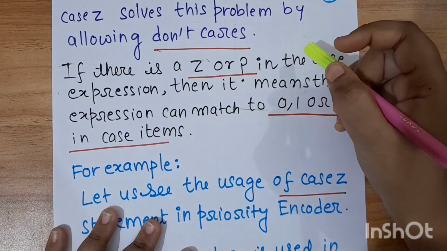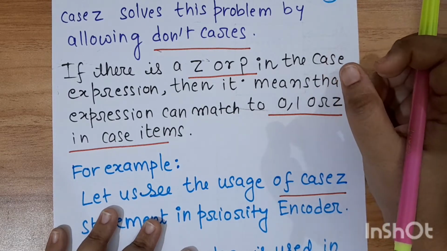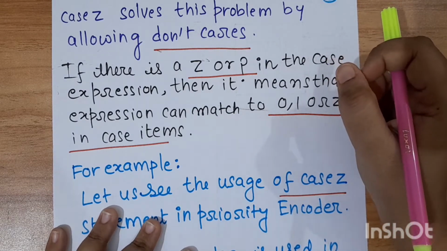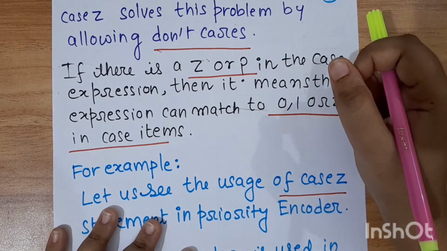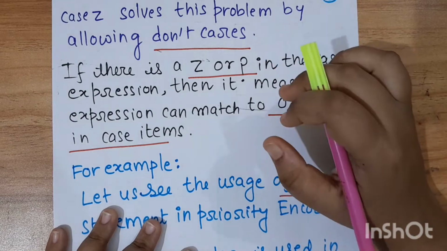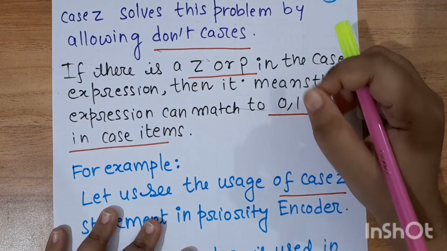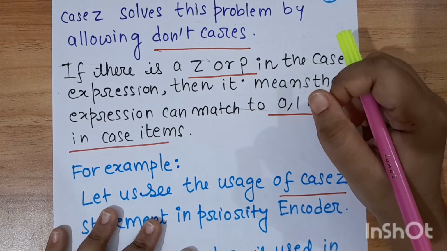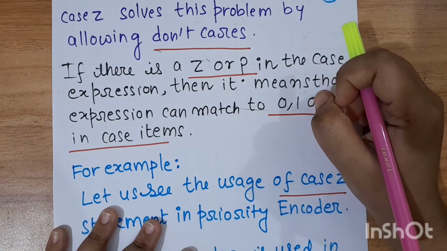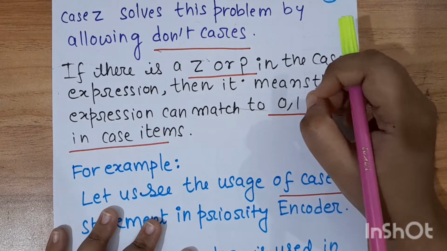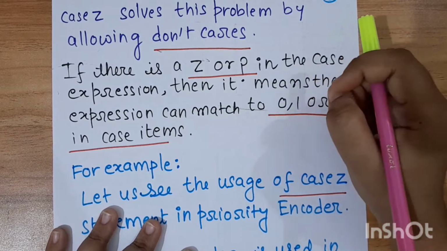What we saw for the case statement, when we were concatenating ABC, we were not allowing don't care states for A or B or C. If A or B or C were don't care, then we would directly go to the default case item of the case statement, because we needed an exact match in the case statement.